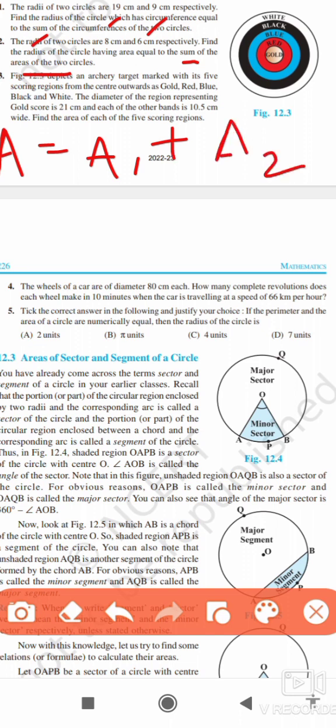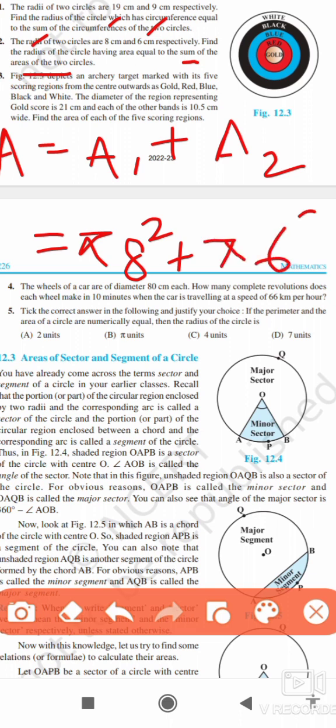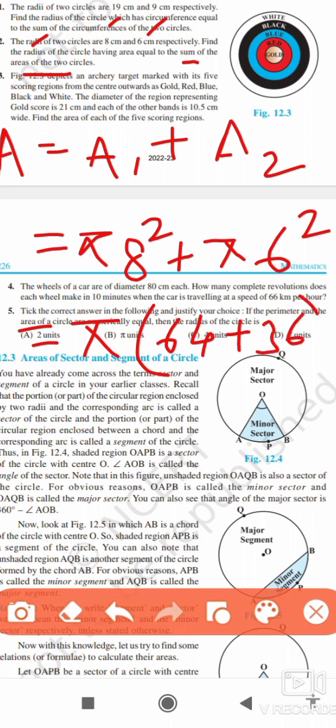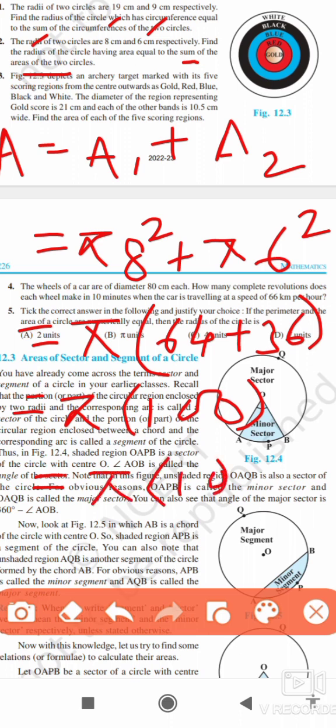A1 is pi r square, which is 8 square, plus pi 6 square. I take pi common: 8 8 is 64, 6 6 is 36, which is pi into 100. And 100 is pi into 10 the whole square.